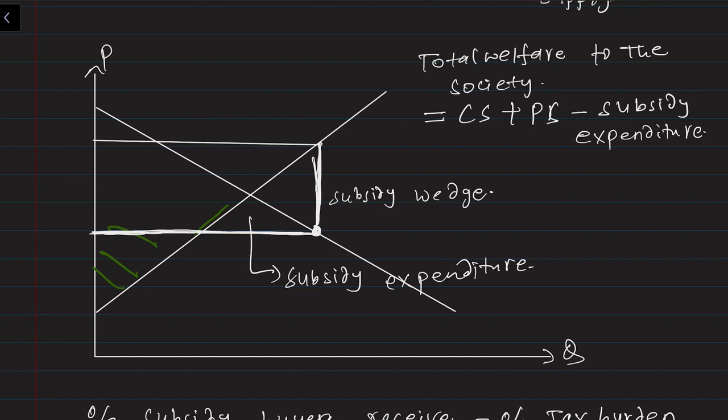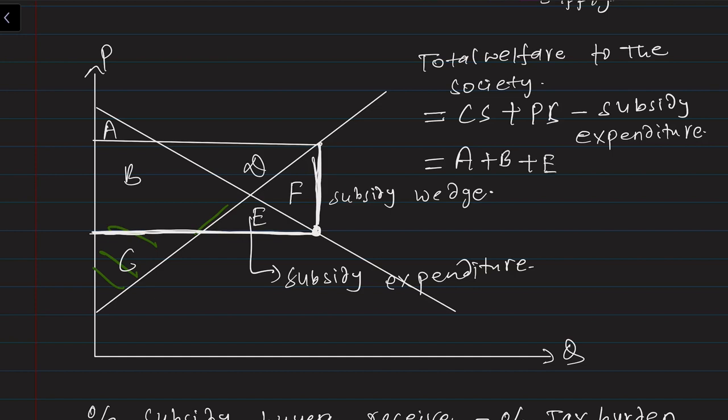So how do we calculate the total welfare? Let's say this is A, this is B, and this is C, D, E, and F. Consumer surplus is A plus B plus E, right?